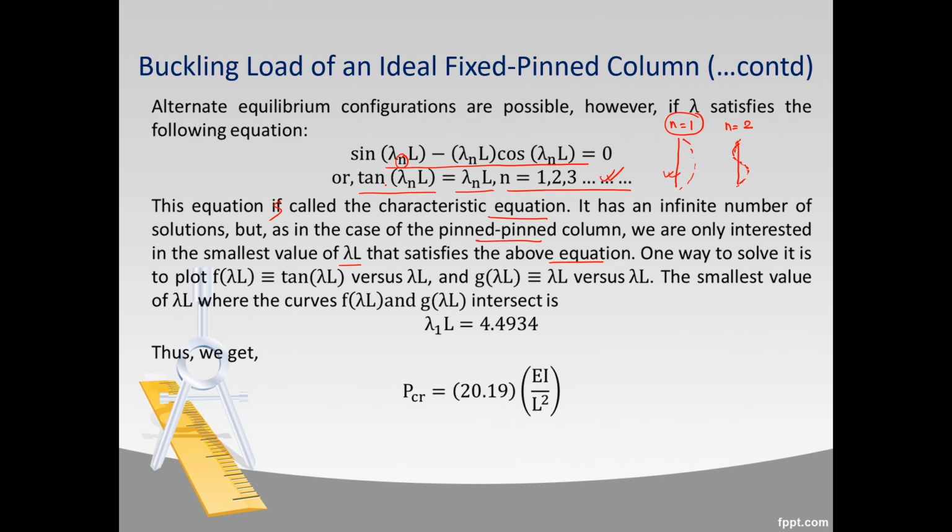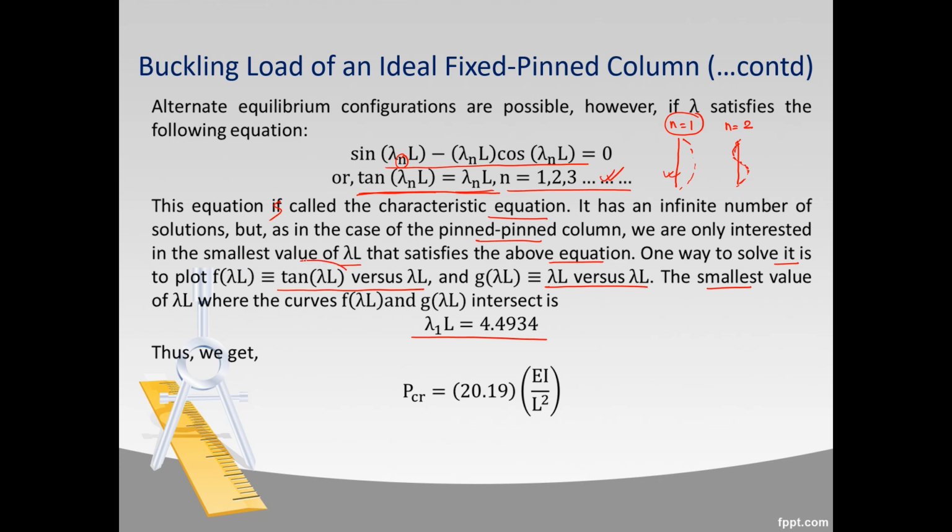So how can we solve this equation here? One way to solve this equation is to plot two graphs. In the first graph you plot tan lambda L versus lambda L, and in the second graph you plot lambda L versus lambda L. So the smallest value of lambda L where the curves intersect is given by lambda_1 L equals 4.4934.